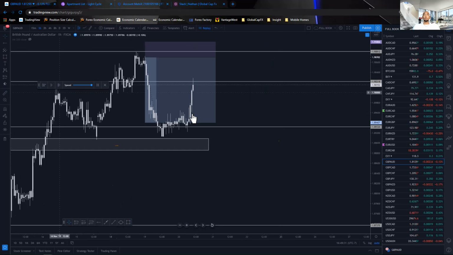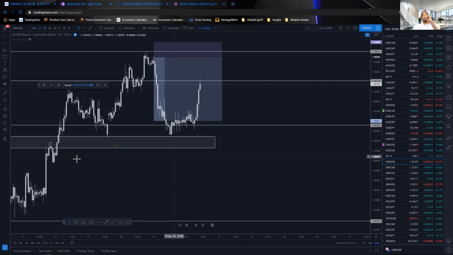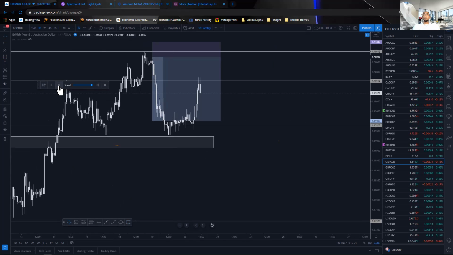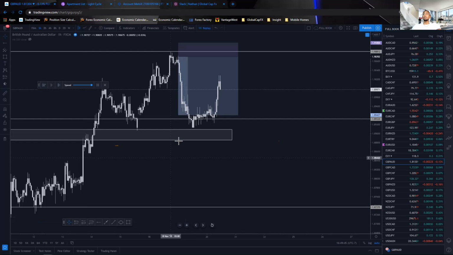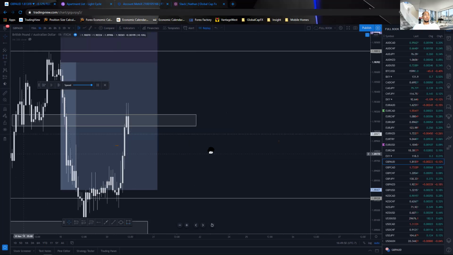All right, so that's that. Let's keep watching it real quick. So this area right here, if I'm thinking short game, I would have got in right here, roughly, because that would be a break and retest, right? Correct.